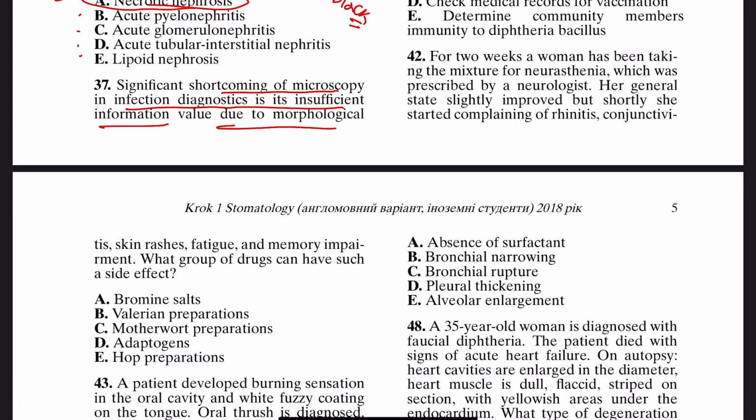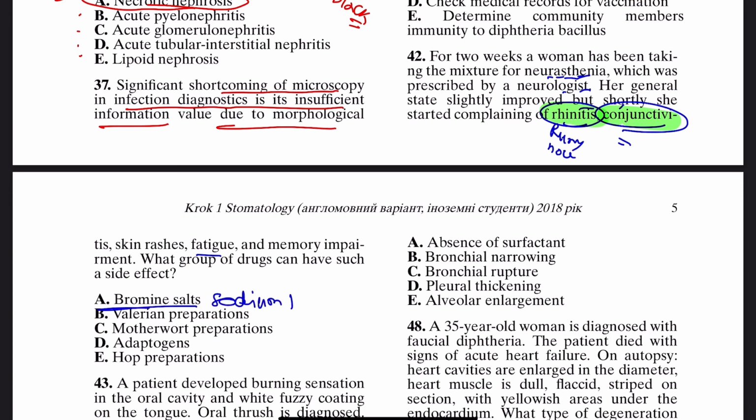This woman has taken a mixture for neurasthenia. So she has this neurological problem, fatigue, prescribed by a neurologist. Her general state improved, but she complained of rhinitis, inflammation of the tongue, inflammation of the nose, conjunctivitis, fatigue, memory impairment. So these rhinitis, conjunctivitis, runny nose, tears from the eye, it all means that she had taken bromine salt or sodium bromide.